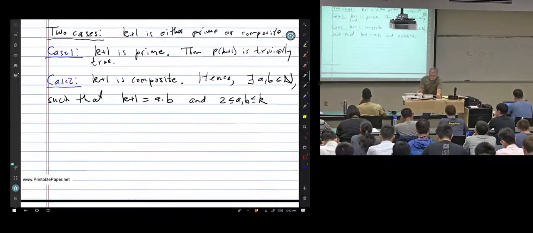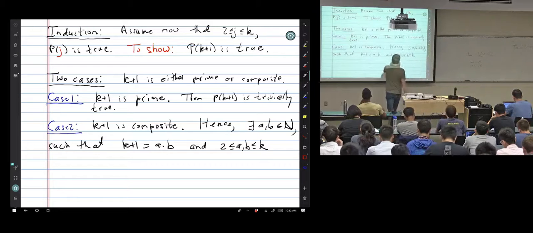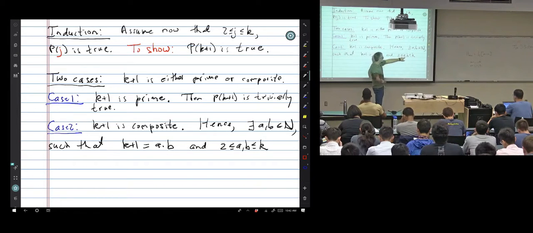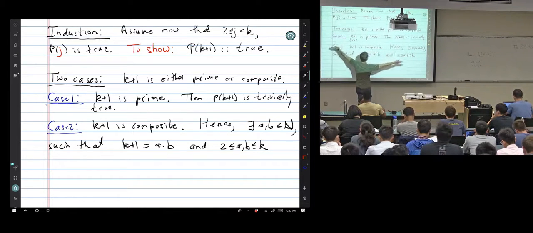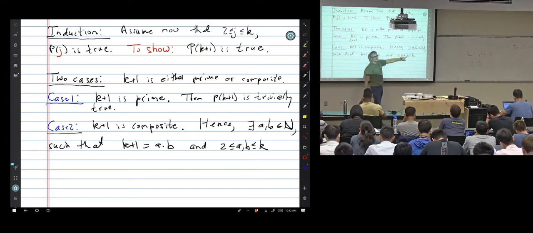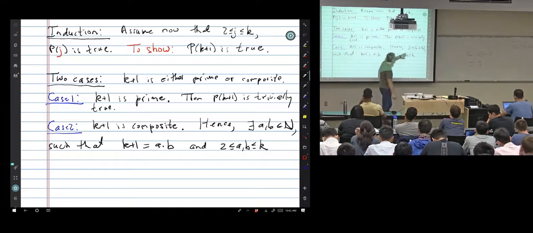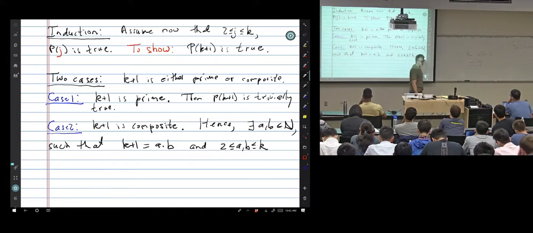Now A and B are natural numbers, and we know our assumption is that for any natural number between 2 and K, we can write them as a product of primes. That's what strong induction allows us to go back to all the things that preceded K plus 1.